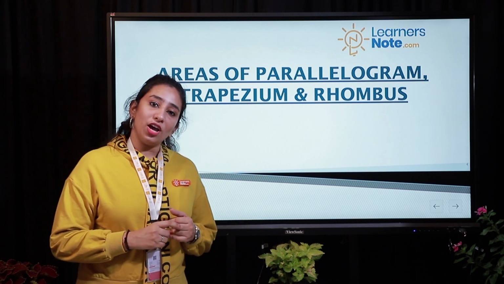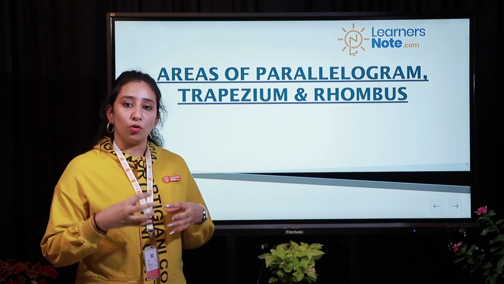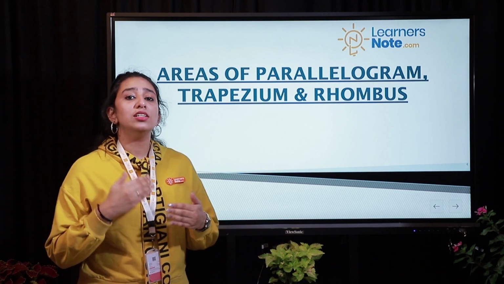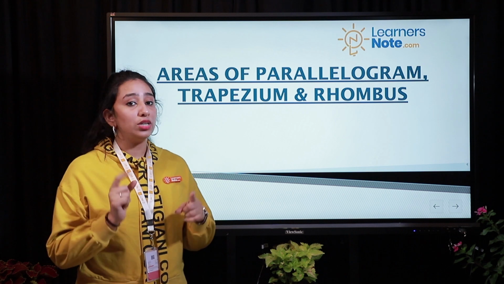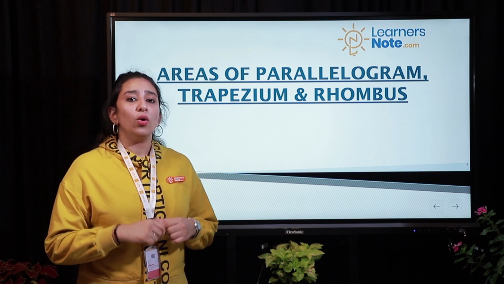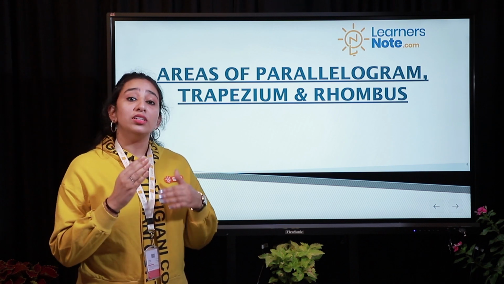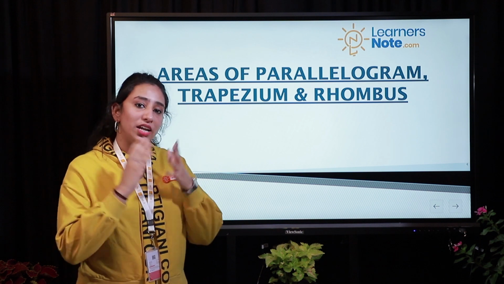Then we had the area of a rhombus. What was the area of a rhombus? What did we do for it? So we took a rhombus, we inscribed it inside a rectangle, right? And we considered that the rectangle's length and breadth were D1 and D2, which is the same as the two diagonals of the rhombus itself. So area of a rhombus is nothing but half the area of D1 and D2, right? Because D1 into D2 is going to be the area of the entire rectangle.